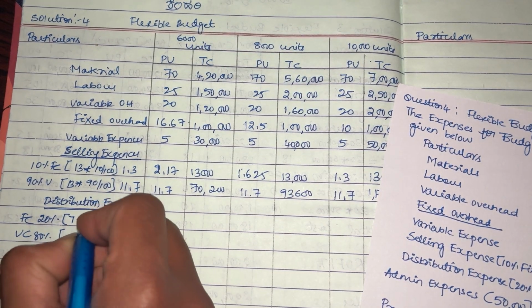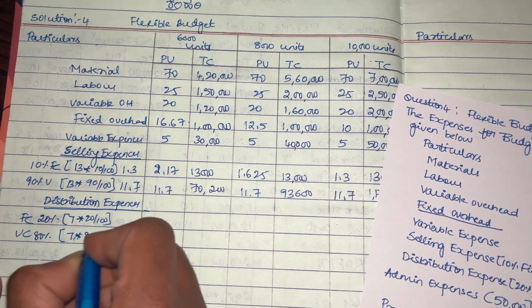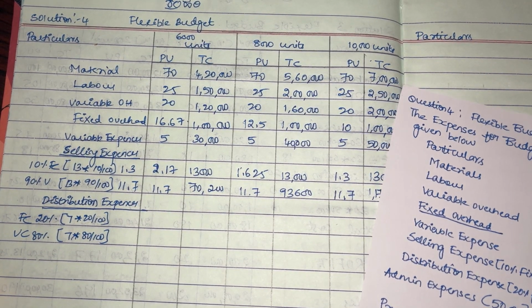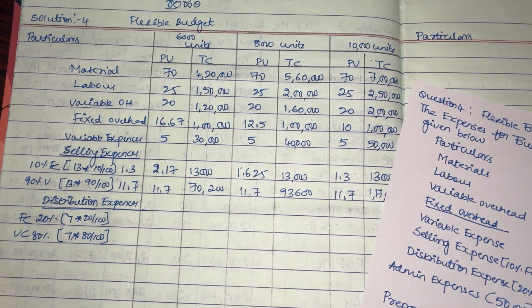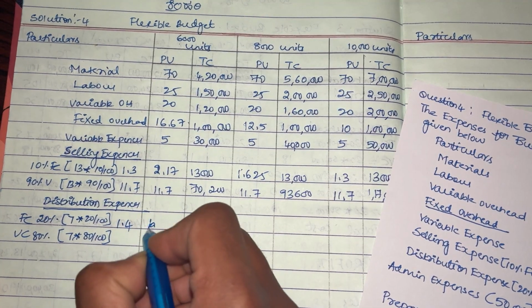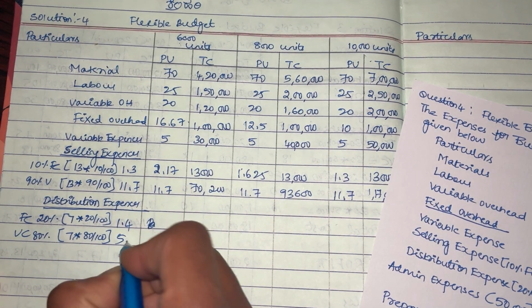So 7 into 20 by 100, 7 into 80 by 100. We'll just check the calculations. 7 into 20% will be 1.4. Then 7 into 80%, 5.6.